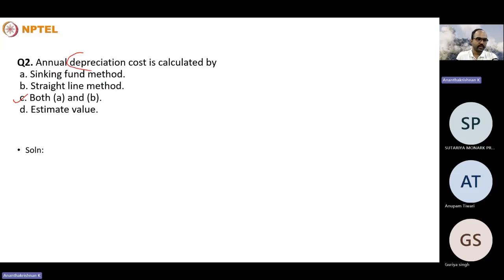Basically, what do you mean by depreciation? Depreciation is the gradual loss or decrease in the value of a property. The first two methods, sinking fund method and straight line method, are the popular methods by which we can estimate the depreciation cost.